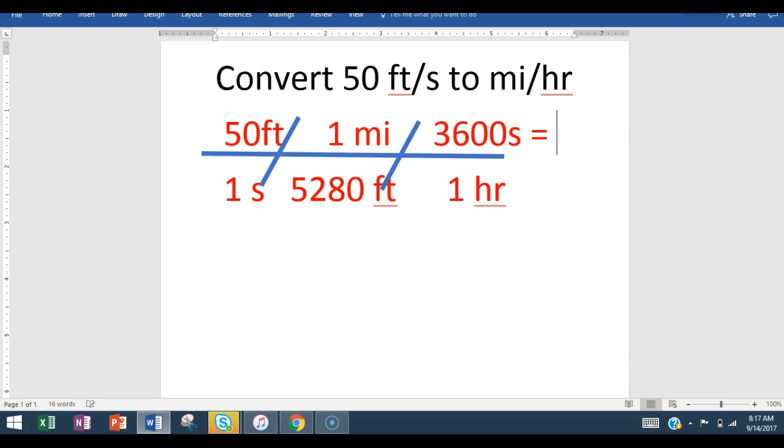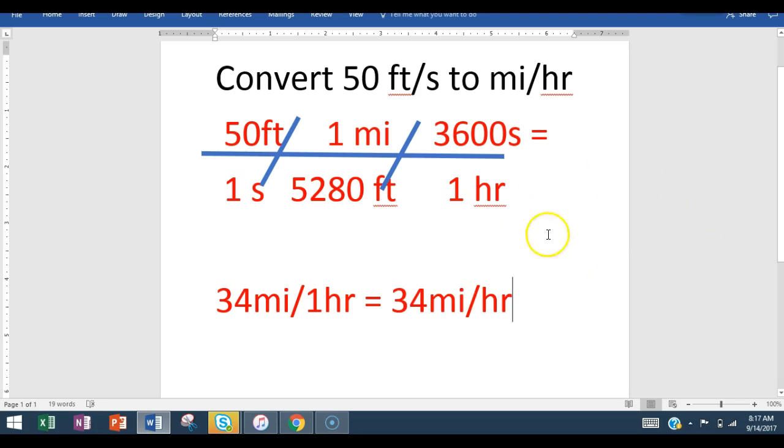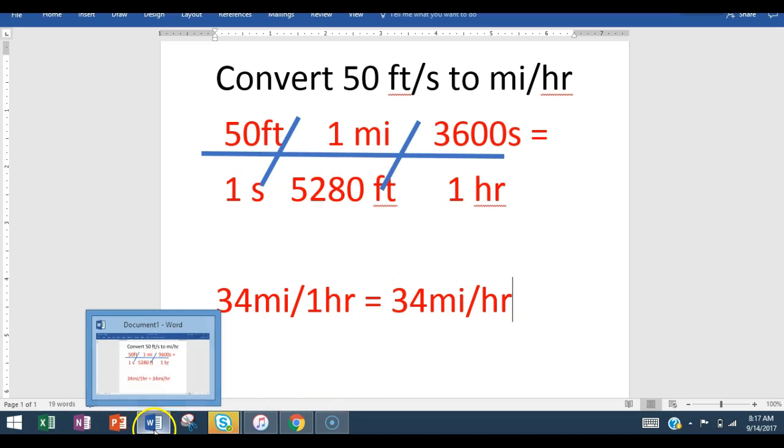So we should end up with 34 miles over 1 hour. And the final answer will be 34 miles per hour. So that's how you will work out the double unit questions.